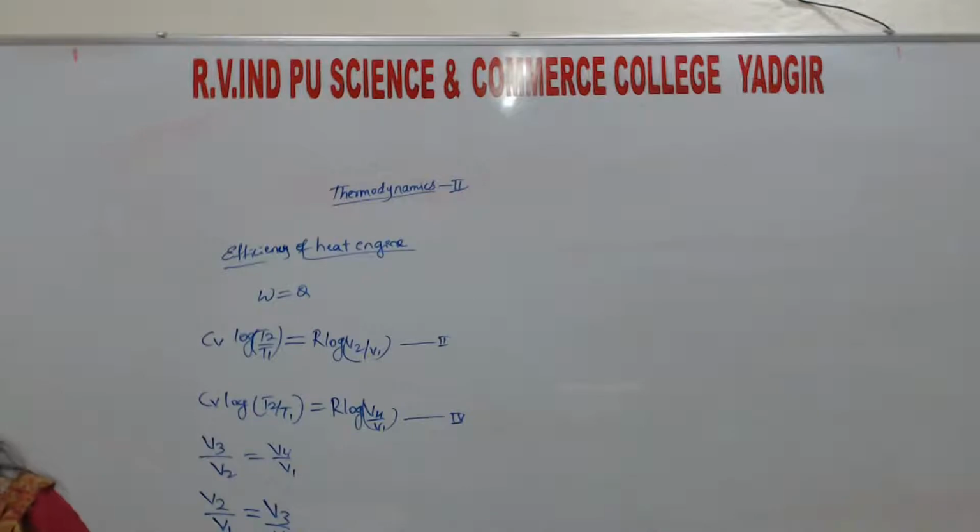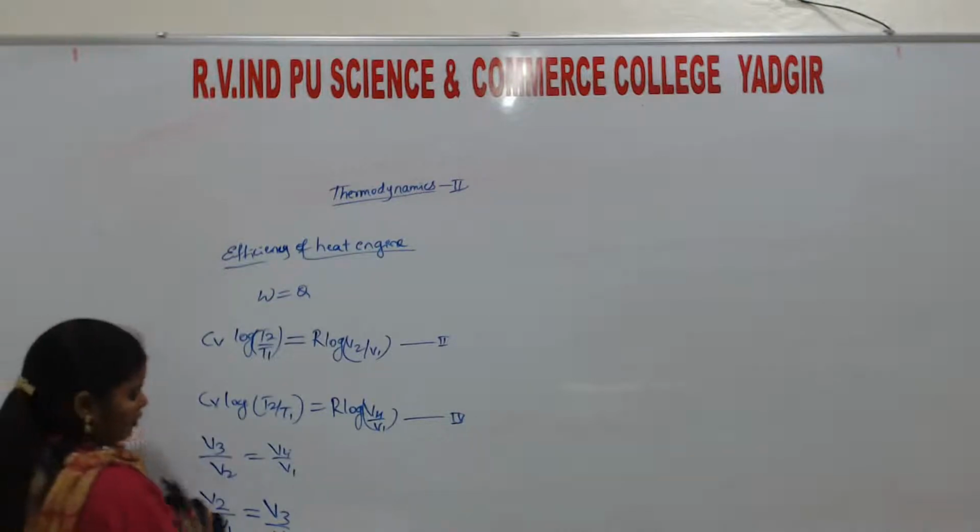Next, from equation number 5, we get W is equal to RT2 log of V2 by V1 minus RT1 log of V3 by V4.